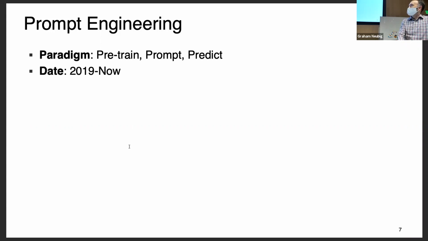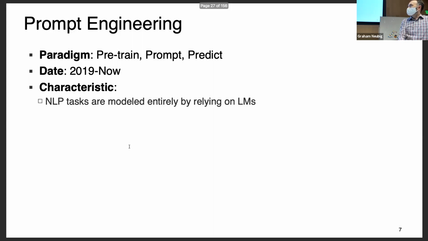Basically, this has become popular mostly in 2019 up until now, and there's still a lot of interest in this as well. The characteristics of this are that NLP tasks can be modeled entirely by relying on language models. And in the extreme, we don't even do additional training of the language model. We can just use the language model itself to solve NLP tasks. I'll give some examples of this in a second.